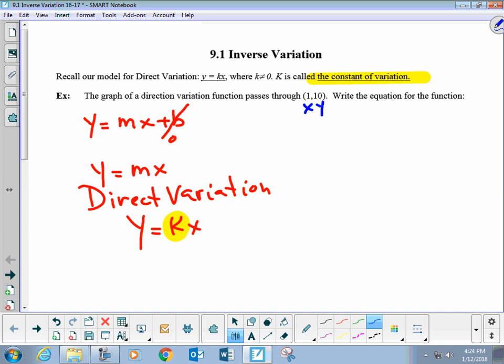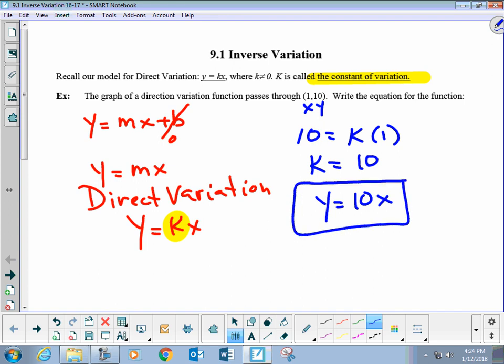So I am going to plug in 10 equaling k times 1. So k clearly equals 10. So what is my equation for this particular example? y equals 10x.